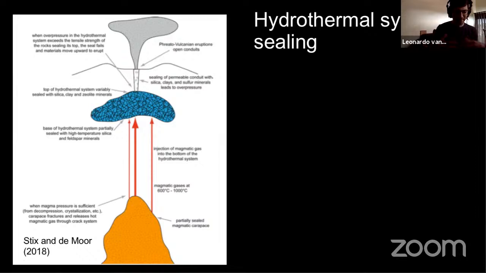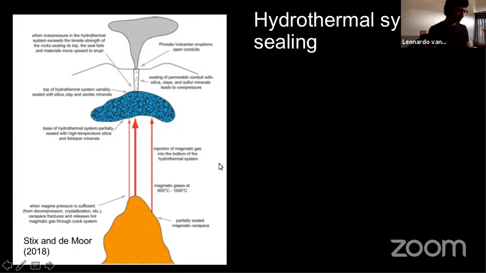This can lead to clogging of the conduits, and then the flux and the circulation of fluids stops, and this will build up a pressure in the system until the rocks cannot hold on any more because their strength is surpassed, and then we have the eruptions.